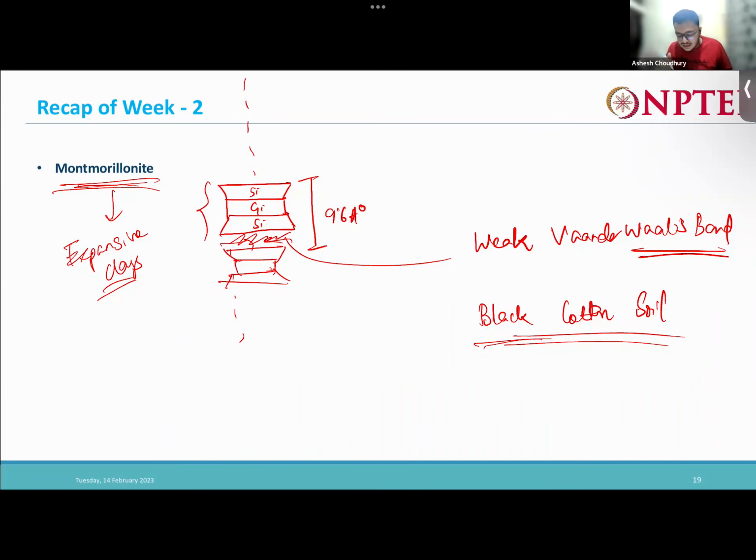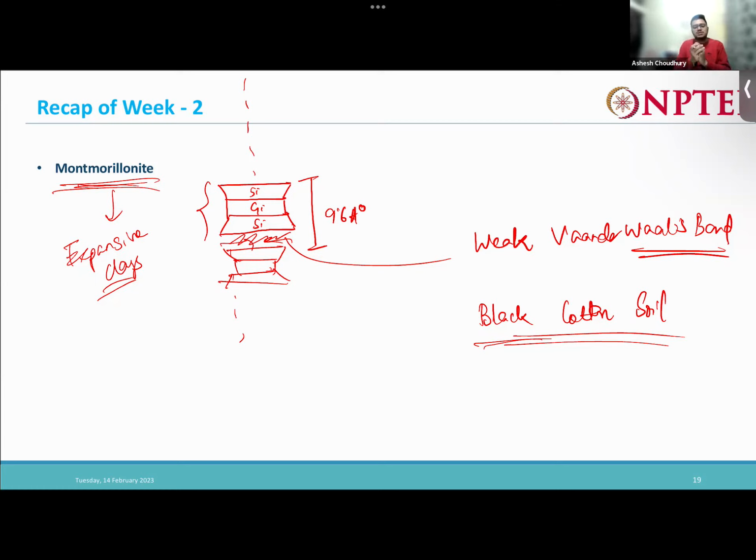I don't actually remember the name of the project. There was some railway project in India only, and I forgot the location. What happened was that due to this black cotton soil, the railway track completely got submerged. The engineer suggested either to stabilize it, but stabilization also has certain chemical methods. You can mix something like lime into these clays consisting of montmorillonite.